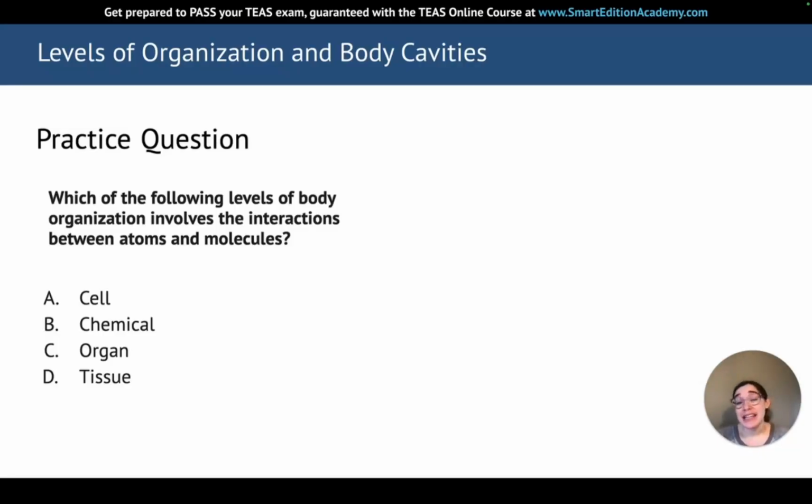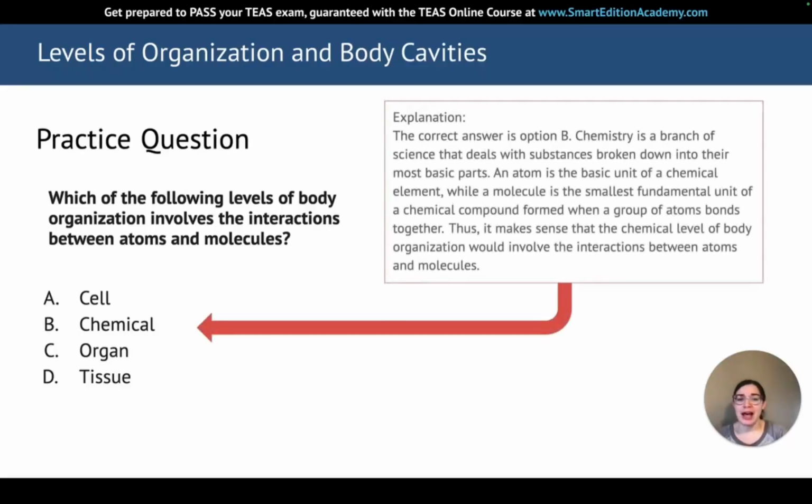And our correct answer here is option B, the chemical level. So it might help you to remember that chemistry is the branch of science dealing with substances being broken down into their most basic parts. So remember that atoms are the basic unit of a chemical element that still retain all the characteristics of that element, while molecules are the smallest fundamental unit of a chemical compound that are formed when a group of atoms bonds together.